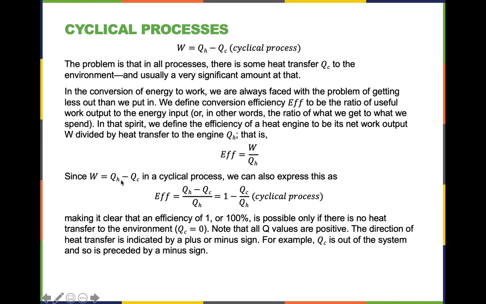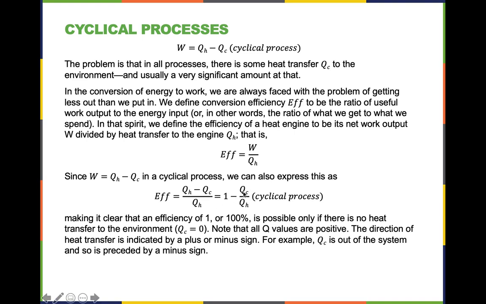So since work is, in this process, QH minus QC in a cyclical process, we can also express this as QH minus QC over QH. We simplify this, we get 1 minus QC over QH. Making it clear that an efficiency of 1, or 100%, is possible only if there is no heat transfer to the environment.